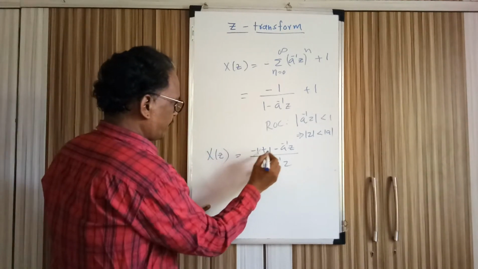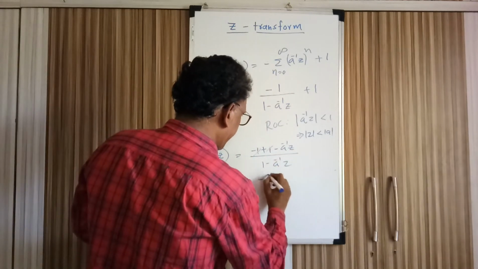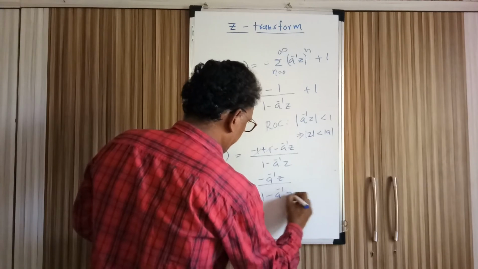So minus 1 and plus 1 are cancelled, so now we have A inverse Z divided by 1 minus A inverse Z, right?